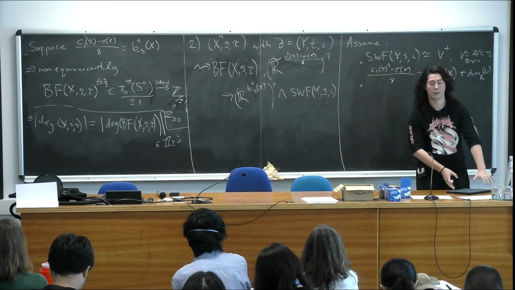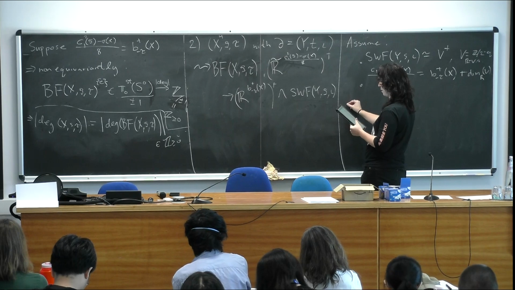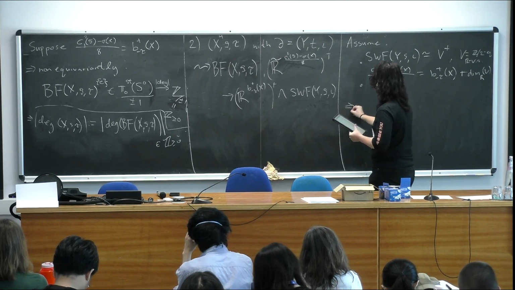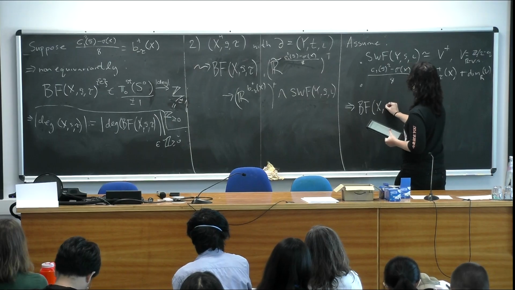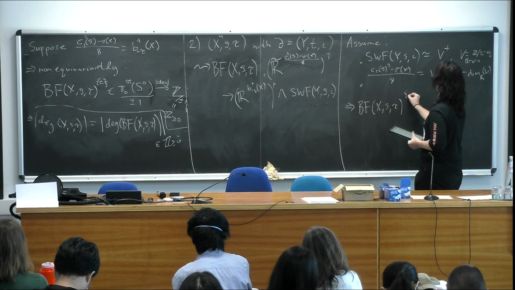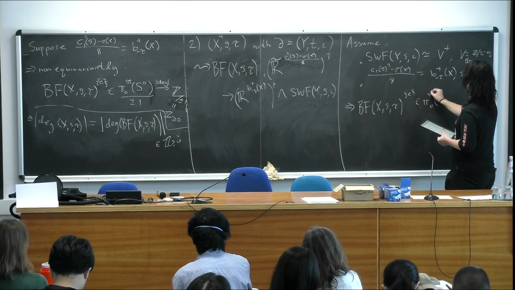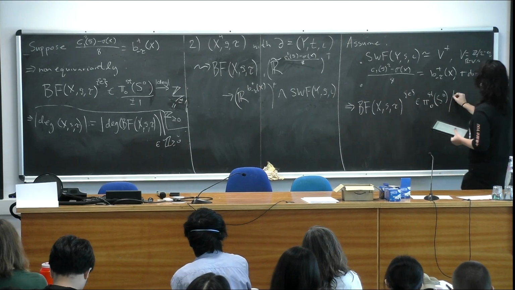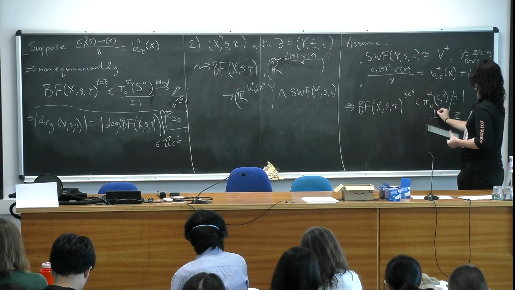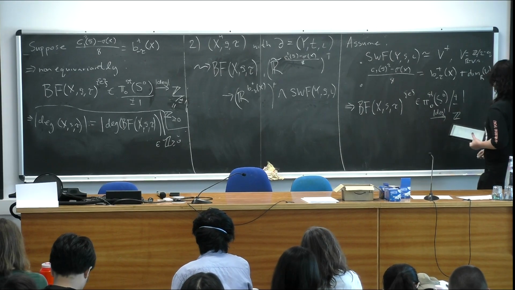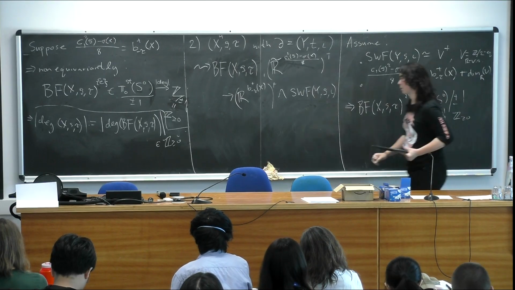And so again, non-equivariantly, I get a map between two spheres of the same dimension. And then again, I can define the absolute value of the degree, which lands in non-negative integers.